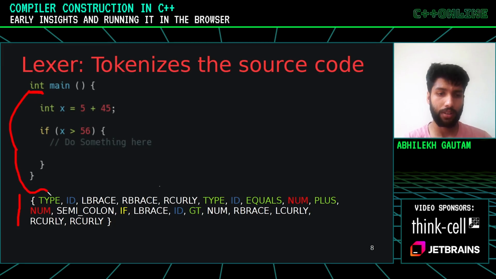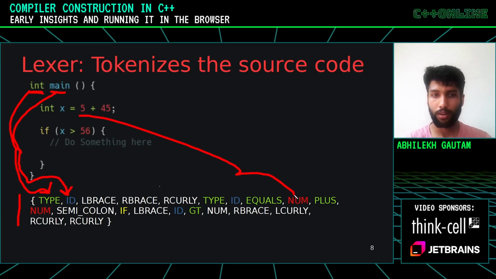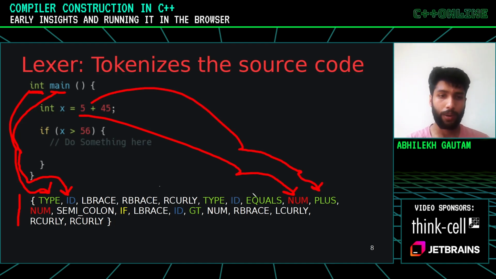This is because int is a type, and the lexer can group int into a token named type. Similarly, main, the name of a function, can be tokenized into a token named ID, and then the lexer can proceed in a similar way. Similarly, 5 can be grouped as number, right? This plus is grouped as a token plus. And the lexer proceeds.